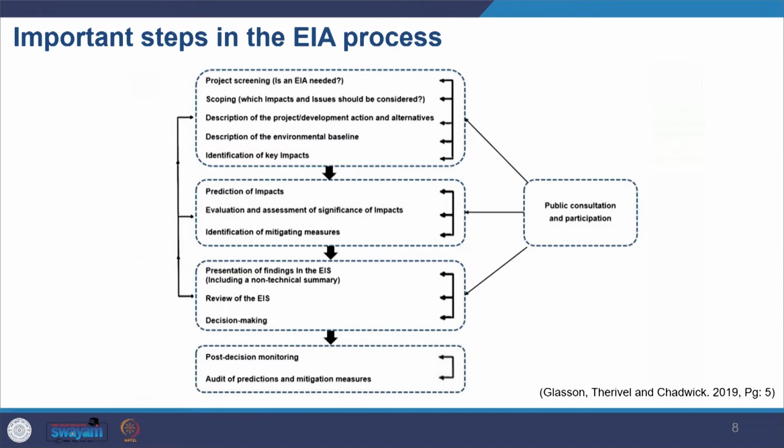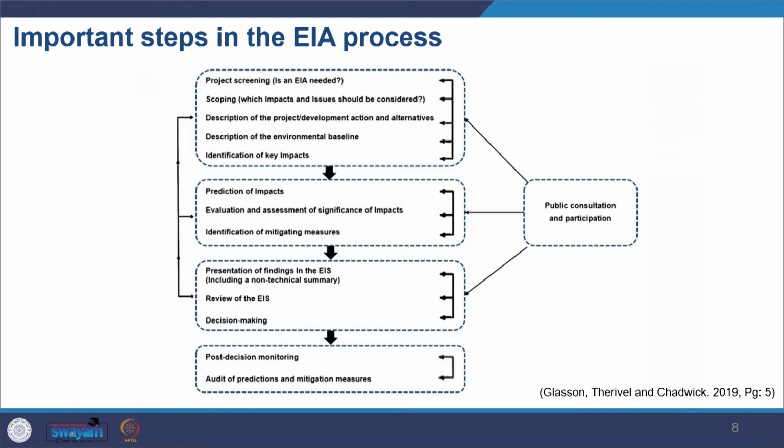Looking at EIA reporting content and purpose, just to locate ourselves in the process we are talking about, we are here in the fourth box where we are doing the review of environmental impact assessment. After the report has been prepared and submitted for review, we will look at the review part. So we'll look at both how the report writing is done, as well as how the report is reviewed.